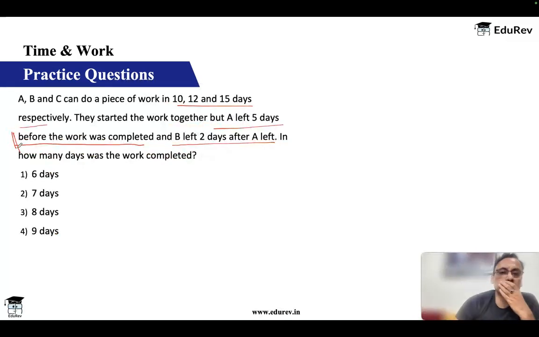Okay. So what I will do is, I'll assume that the work got completed in x days. Okay, let's say the work got completed in x days. So A left 5 days before the work was completed. That means A in a day does 1 by 10, and he has worked for x minus 5 days.